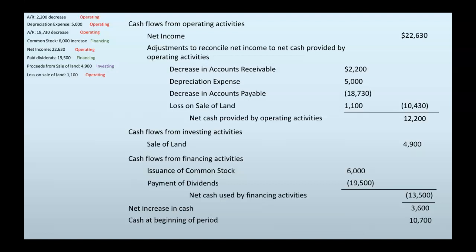Well, our cash at the beginning of the period was $10,700. So if we add $10,700 with our net increase in cash of $3,600, you get your cash at the end of the period of $14,300. And those were your cash amounts for your 2 years in your balance sheet at the beginning of the problem.